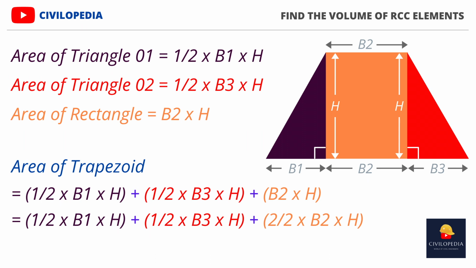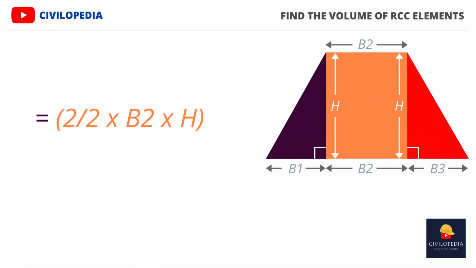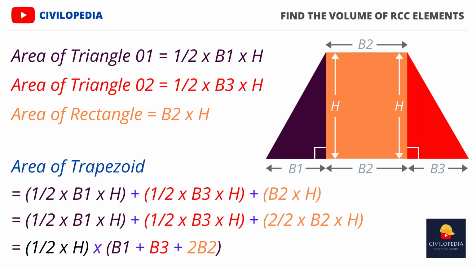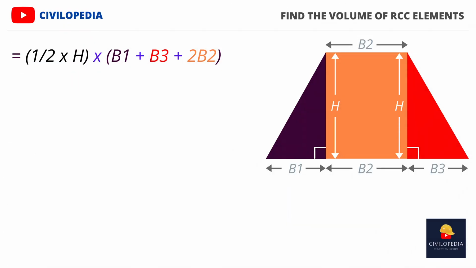So we have added a 2 by 2, which is 1 and doesn't make any change when multiplied, but we can take the 1 by 2 out from the 2 by 2. We can now take 1 by 2 out and the 2 remains inside, and now we'll make it 2B2 since H will also be taken as a common factor out. So now we got 1 by 2 into H into B1 plus B3 plus 2B2.